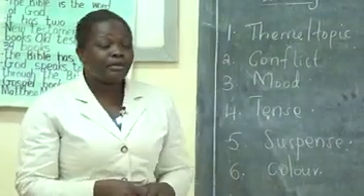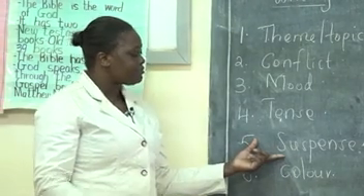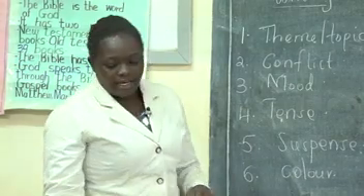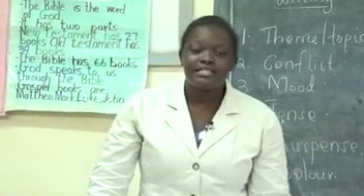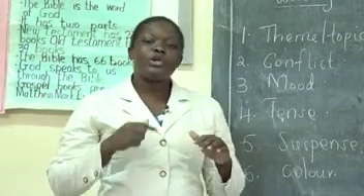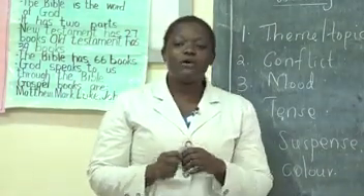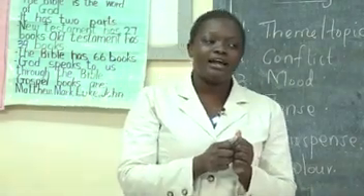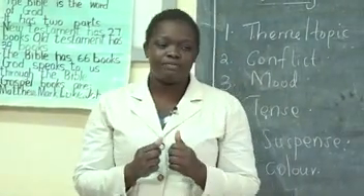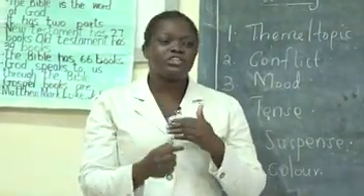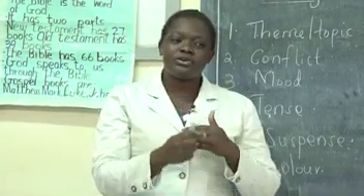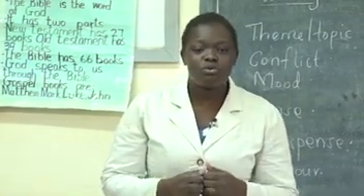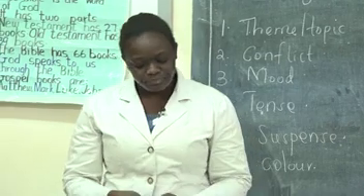Next, we will look at the suspense. And the suspense is a very good skill in writing a good composition. It is a skill whereby you will not say everything. You will omit, or maybe you will deny the reader the conclusion of the story, so that the reader may continue getting the story and being eager to know what is going to happen next.